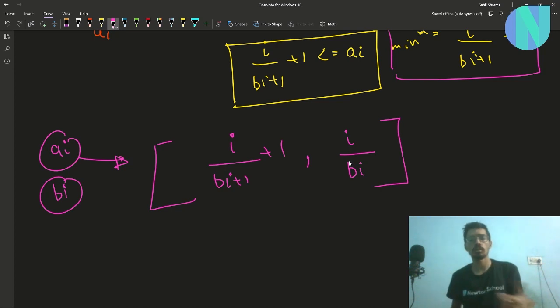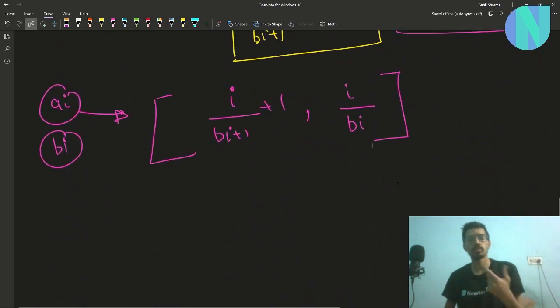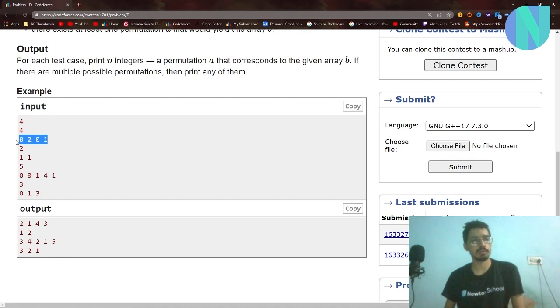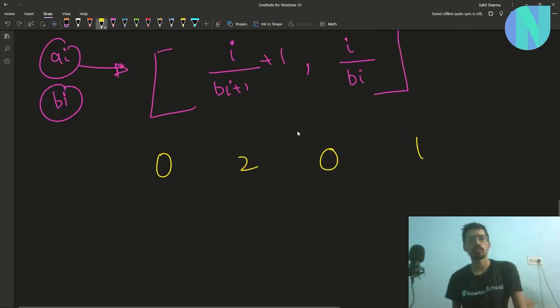So how can we solve this? Let's take some examples from the problem and try to use this to solve our problem. Let's take the first example itself, that is 0, 2, 0, 1. So now let's apply these formulas here. So here my b_i is equal to 0 and my i is equal to 1.